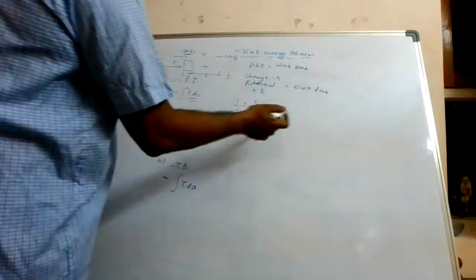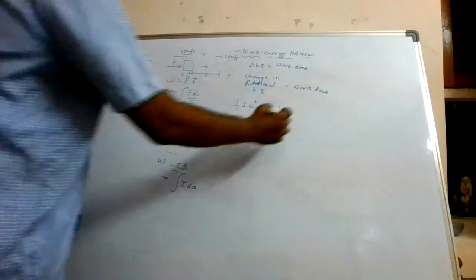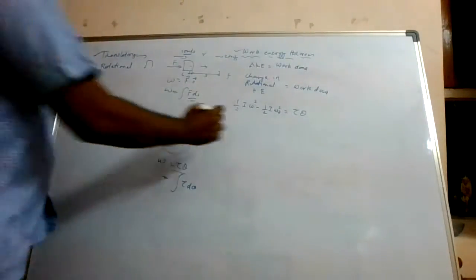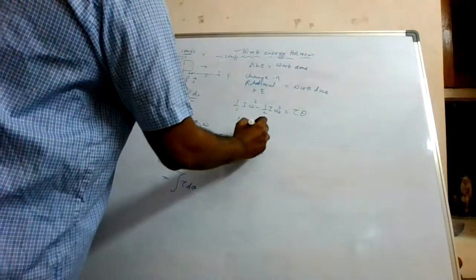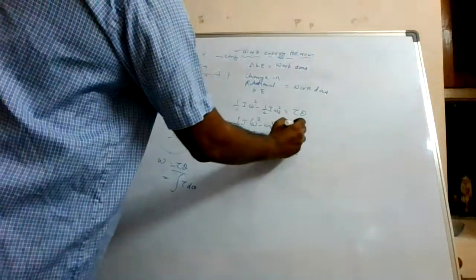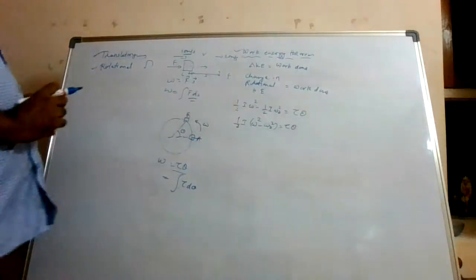Basically final minus initial is equal to work done. But what is work done? Work done is tau theta. So we can write this as half I omega square minus half I omega naught square is equal to tau theta. Okay, so this is one format we write this equation.